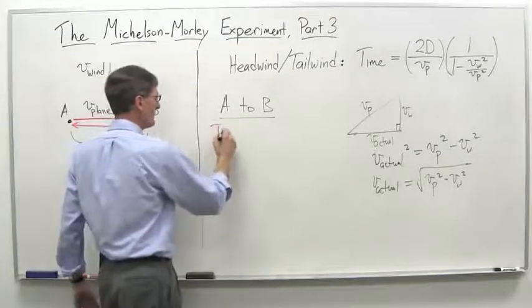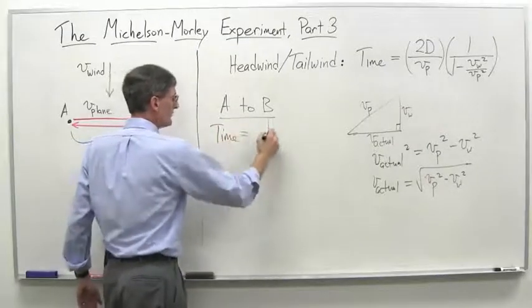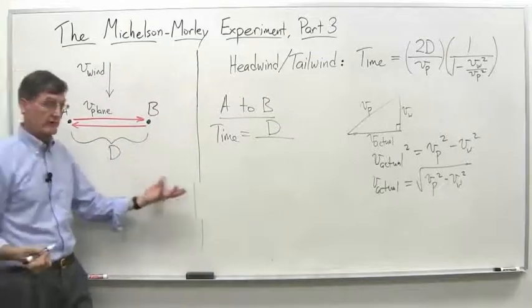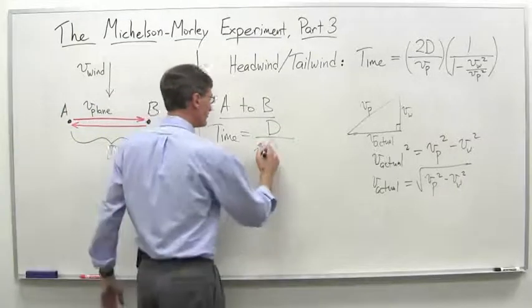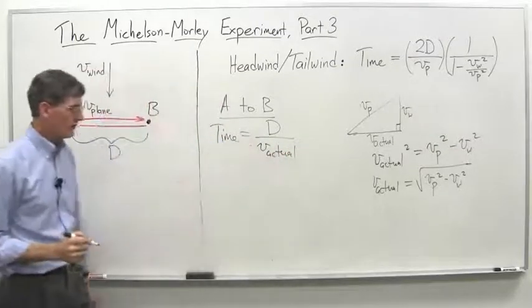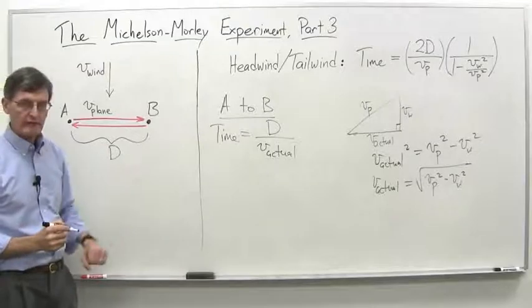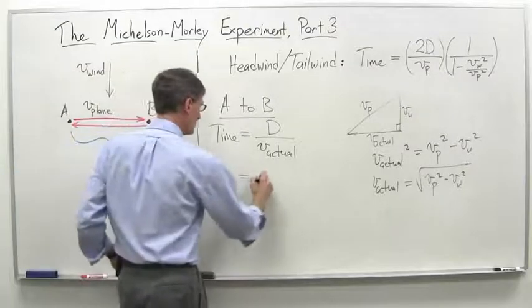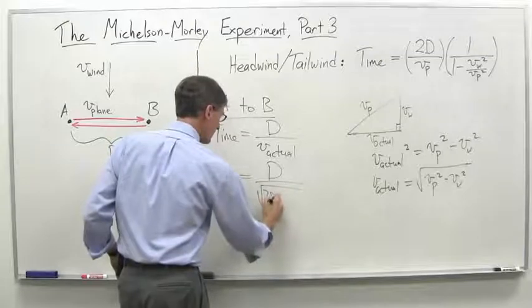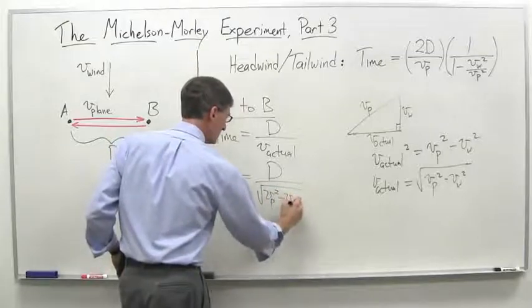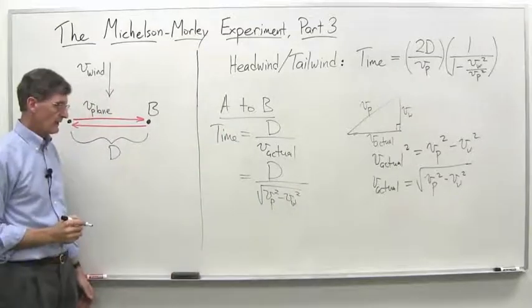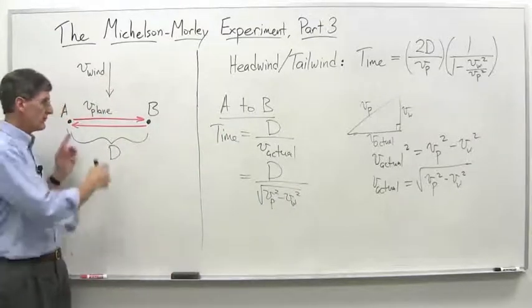So time taken is going to be the distance simply divided by the net velocity in this case, which is V actual. And V actual we just discovered was the square root of Vp squared minus Vw squared. So this becomes d divided by the square root of Vp squared minus Vw squared. And that's from A to B.